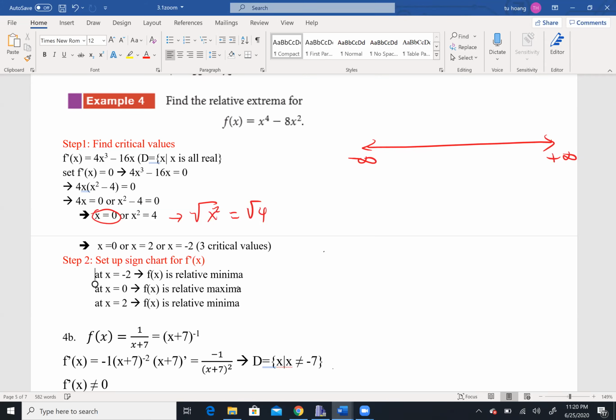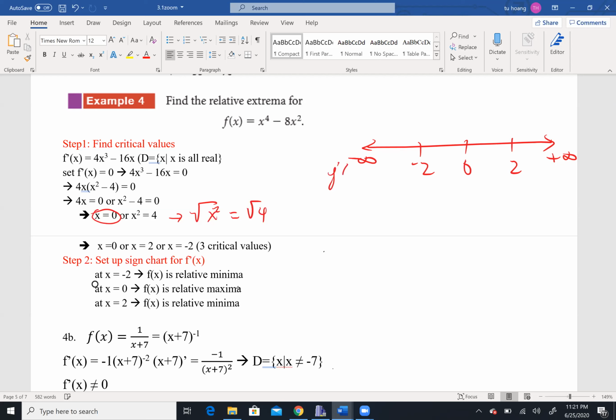So it goes from negative 2, 0, and then 2. For each of these intervals, I have to choose some test value so I can check what happens with f prime of x in each interval.